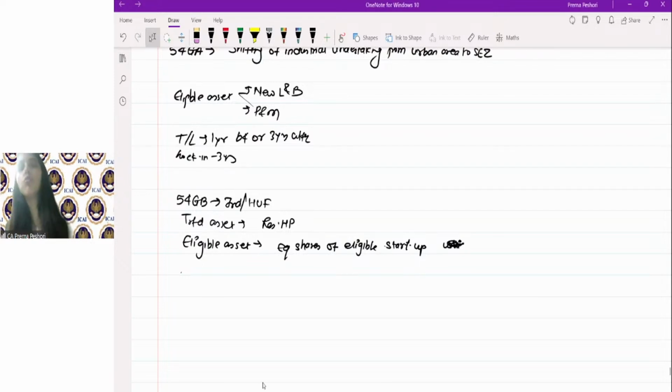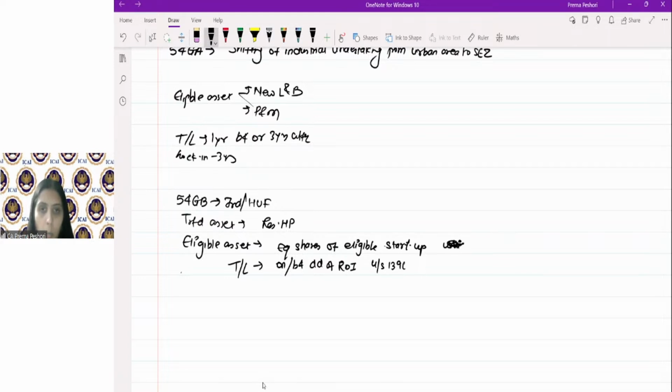So the company should be invested in the equity shares of the eligible startup on or before, so you can write it down, time limit here. On or before the due date of return of income under section 139(1).